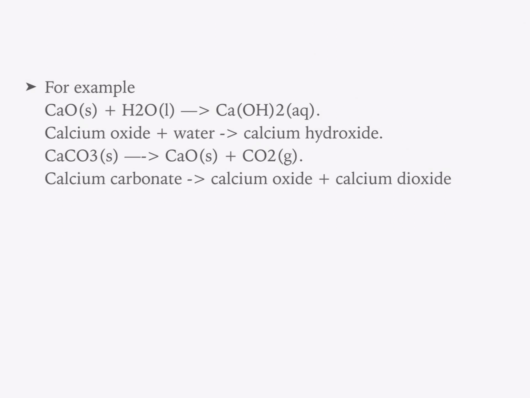That is CaCO3(s), when we break it down, we get CaO(s) plus CO2(g). In this reaction, calcium carbonate breaks down to form calcium oxide and carbon dioxide. Here the evolution of the gas carbon dioxide confirms that a chemical reaction has taken place.